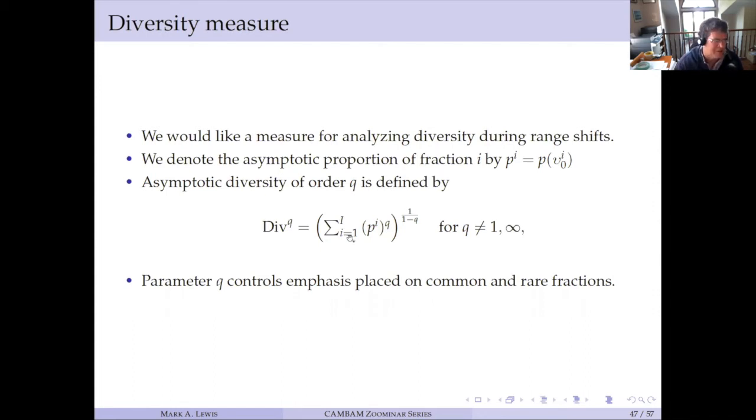And in the limit, as Q goes to 1, the asymptotic diversity is closely related to the exponential of entropy. And so it's some measure of classical diversity. And as Q goes to infinity, the focus is just on the most dominant of the fractions.